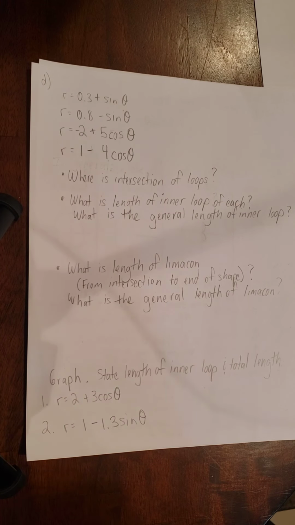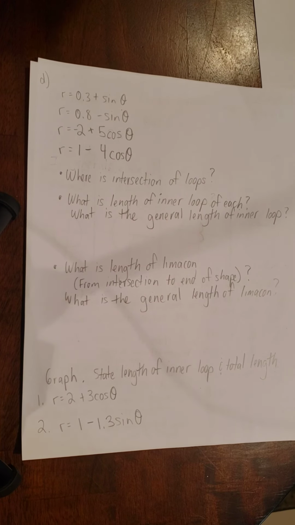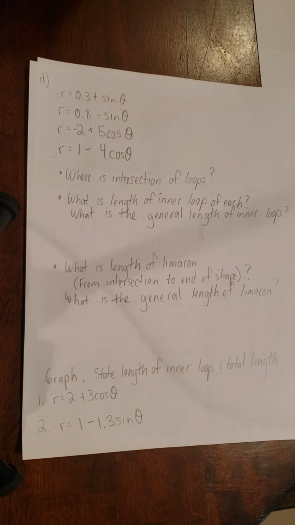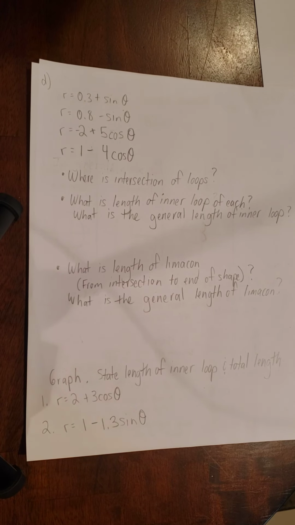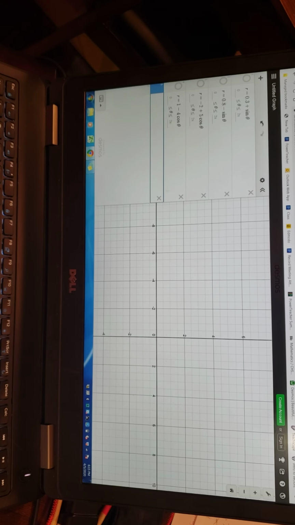Then we have to come up with the general length for an inner loop. Then, what is the length of the Limaçon for each of them? And then, what is the general length of the Limaçon? Once we figure all that out, we're going to be able to sketch these two Limaçons. So put these four on Desmos, and then we'll explore them one by one.